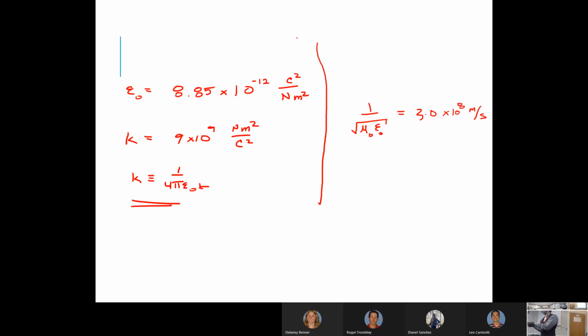Light is essentially a combination of the electric field and the magnetic field propagating through space, which is why we call light an electromagnetic wave. It's tied to the magnetic and electric properties of empty space. When you see light propagating through space, you're seeing vibrations of the electric field. Electrons change energy.